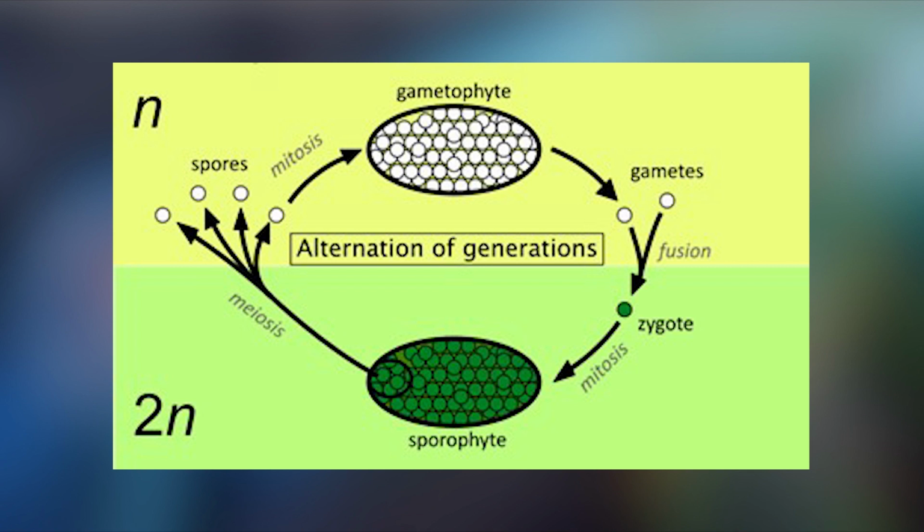The alternation is between the multicellular gametophyte, which is a haploid organism, and the multicellular sporophyte, an organism containing diploid cells, each of which has two copies of all the chromosomes. That's often written as n and 2n: n for haploid and 2n for diploid.